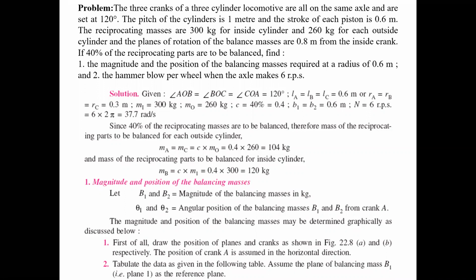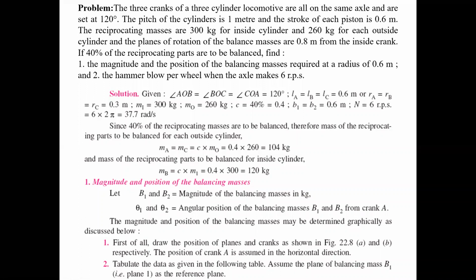C is 0.4 and M naught is 260, so multiplying by the fraction gives 104 kg.